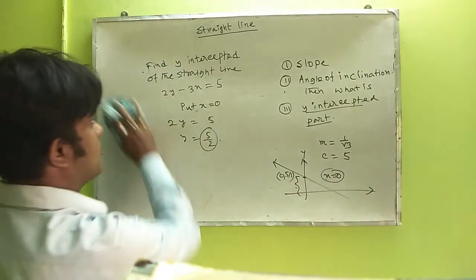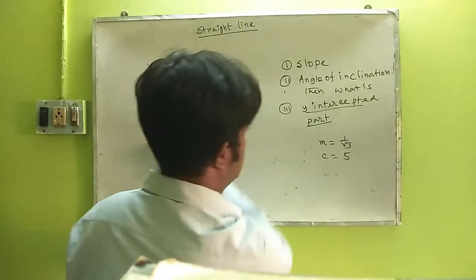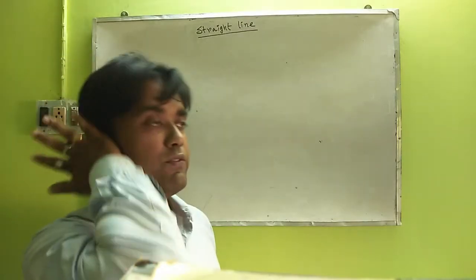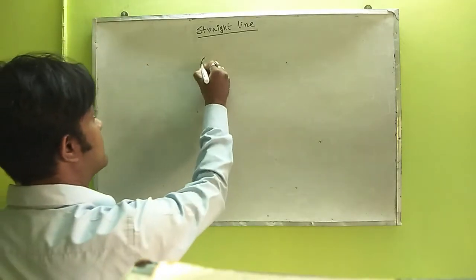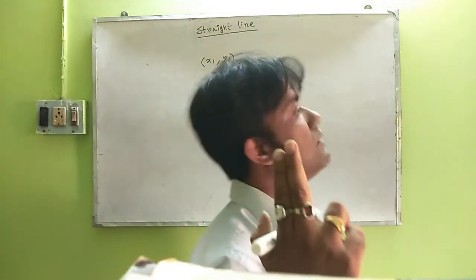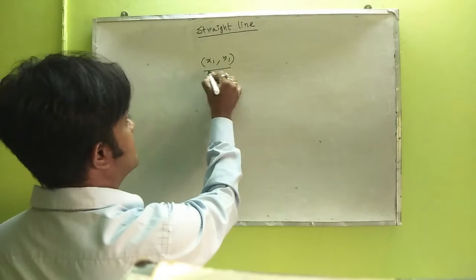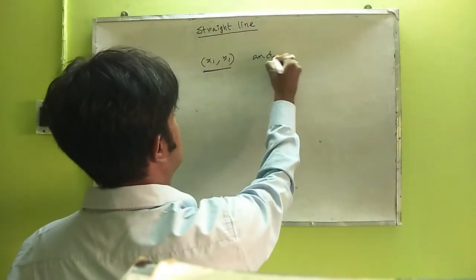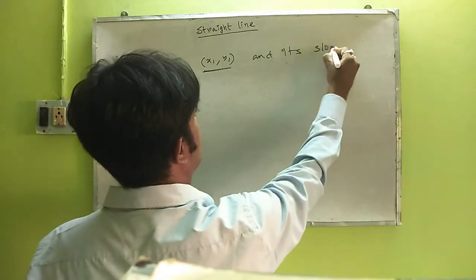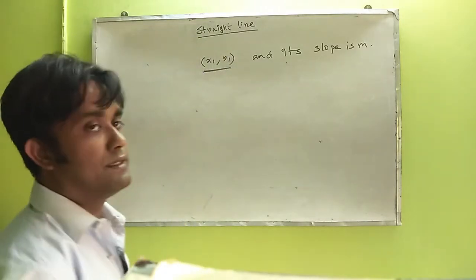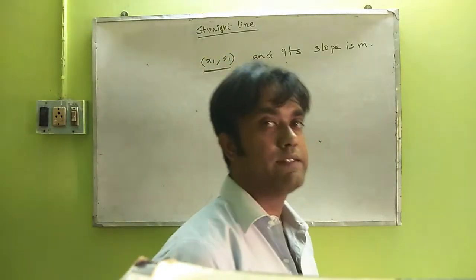Now, we have discussed the one point and slope given formula. That is, a straight line passes through a known point x1, y1, and its slope is m.